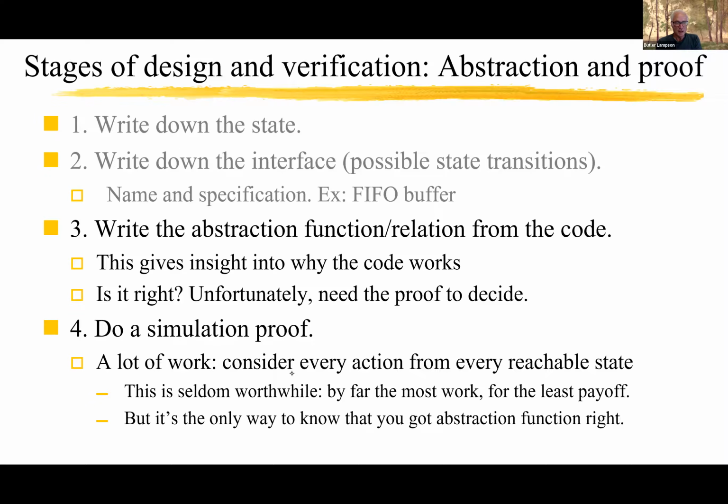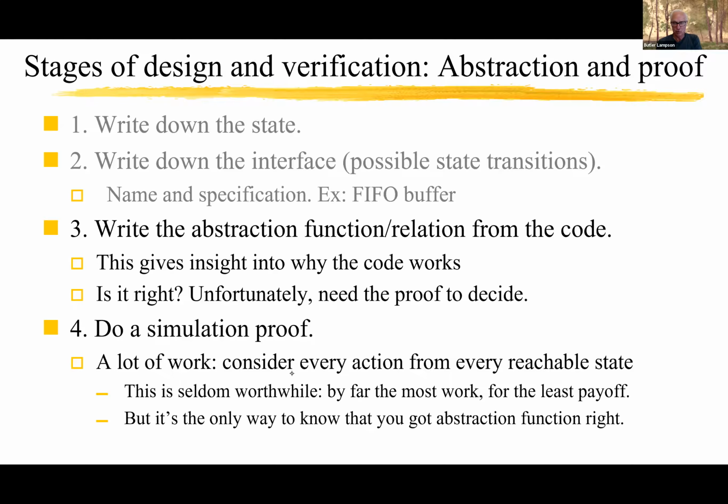So you're only going to actually do these simulation proofs for situations where it's absolutely critical that the code be correct. And we're going to look at some examples of that when we read papers. And we're also going to do some concrete examples in the labs. But I don't want you to come away from this course thinking that the only criterion for the success of formal methods in systems is that you can complete these proofs.